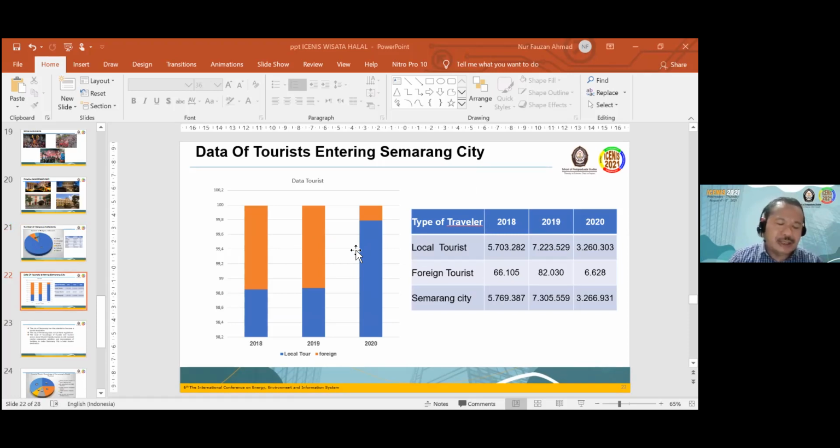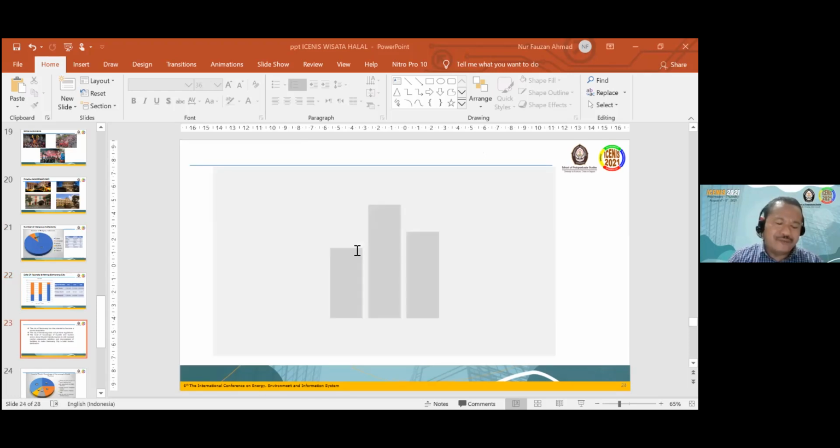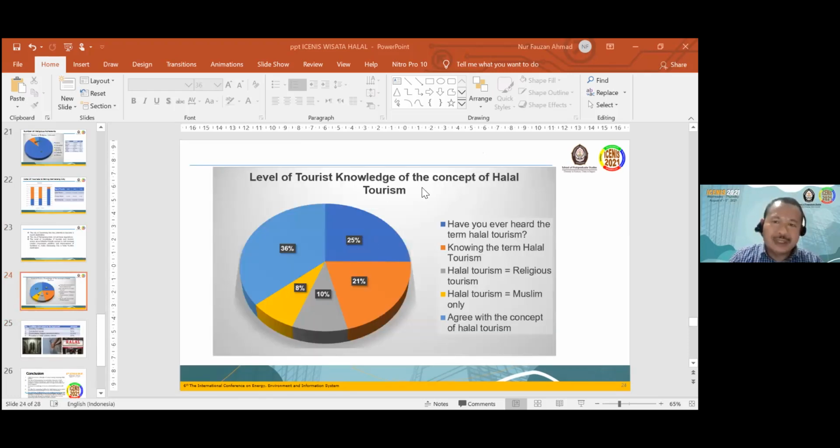It turns out that there are still many people who do not know about halal tourism. From online questionnaires, most answered that they had heard of it, with some level of knowledge of the concept of halal tourism. A small portion stated that they had not heard of the concept.